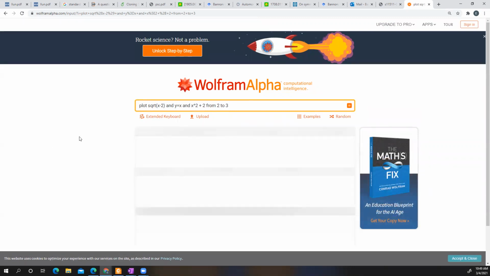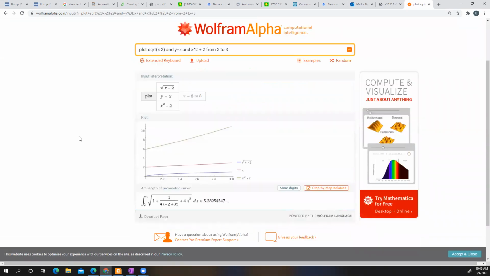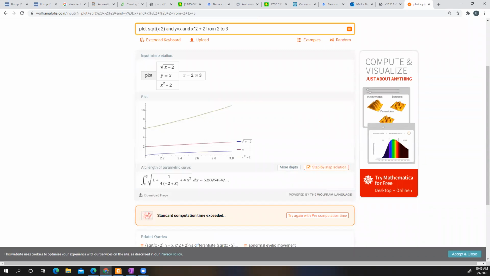Maybe just 2 to 3. Yeah, it's not coming out, but that's all right. Wolfram Alpha is not perfect, but it is helpful in a lot of ways.